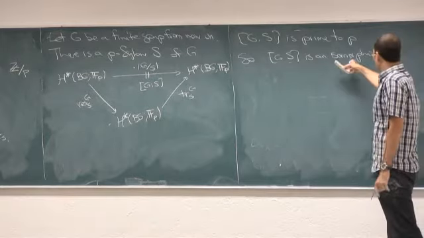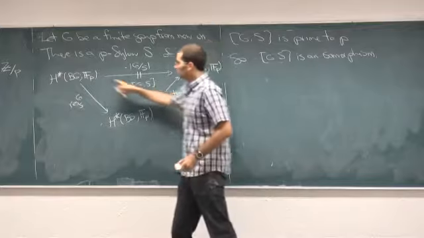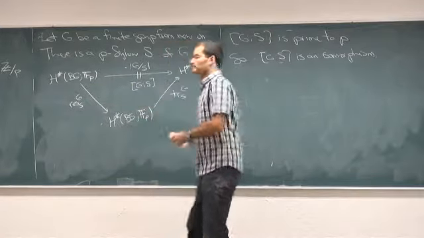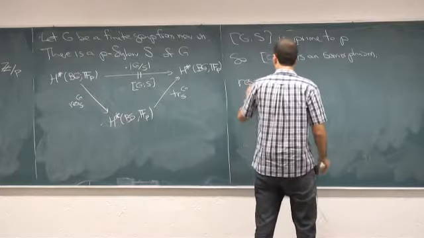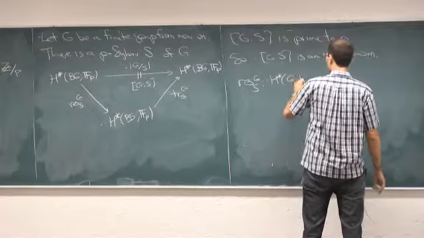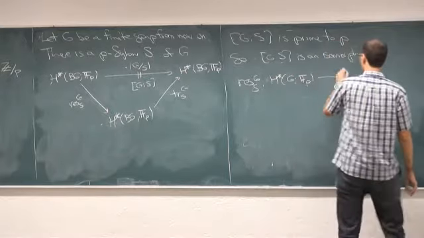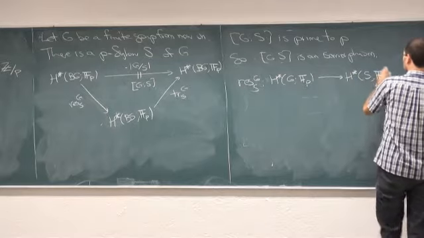Okay, and now how does that help me? Well, if this is an isomorphism, this one has to be an injection. This implies that the restriction is injective.